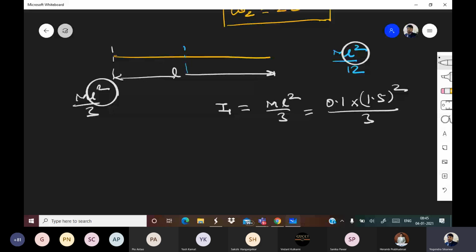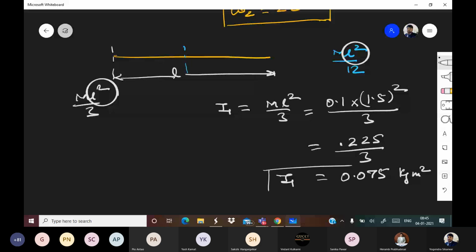How much is that? 1.5 square is 2.25, into 0.1 will be 0.225, by 3. That value is 0.075. Correct? Kg into meter square. So this is I1.